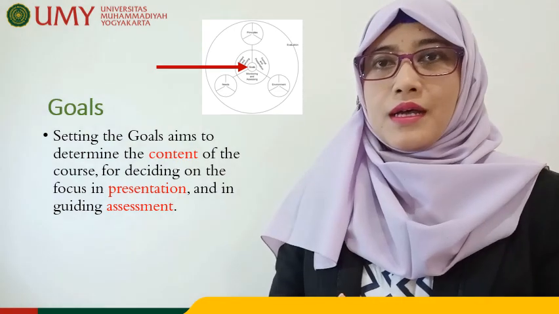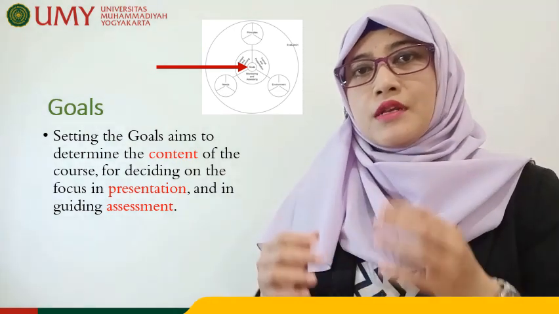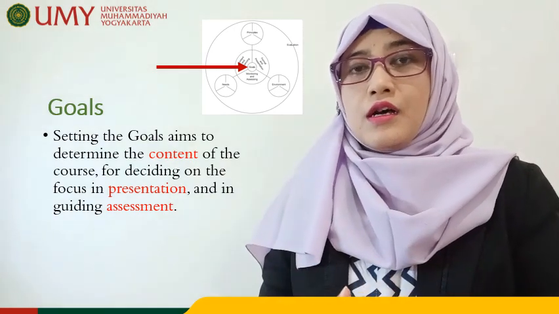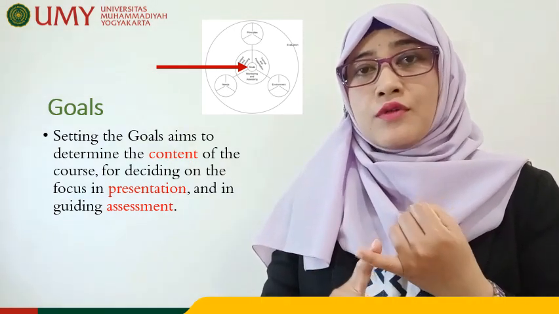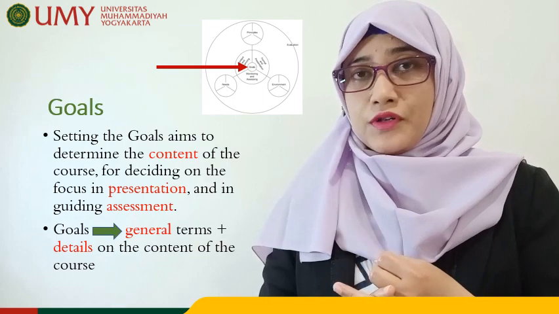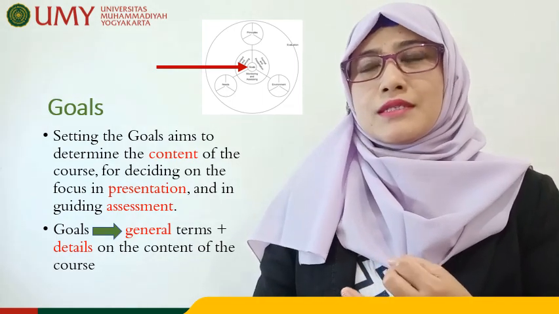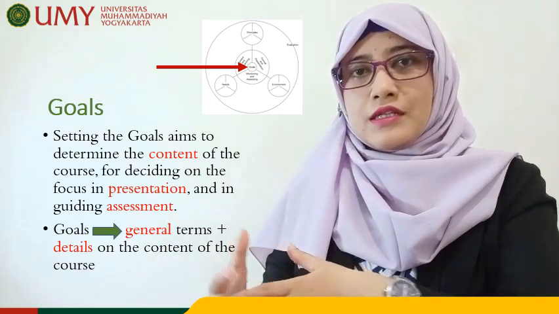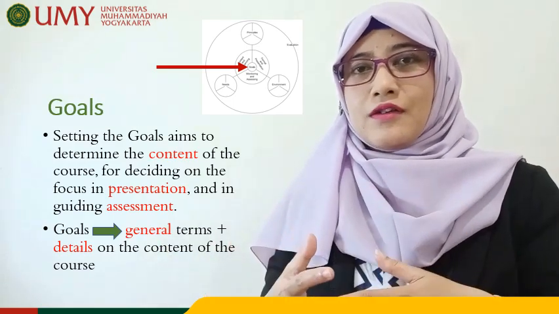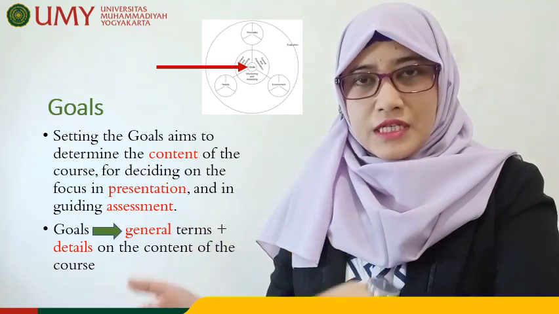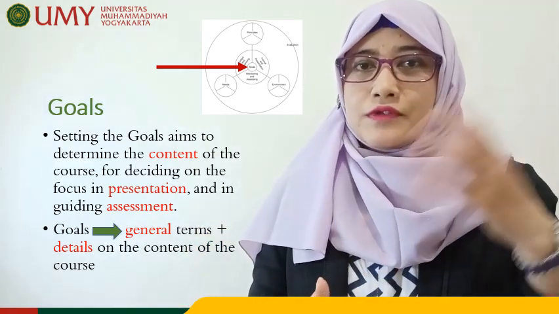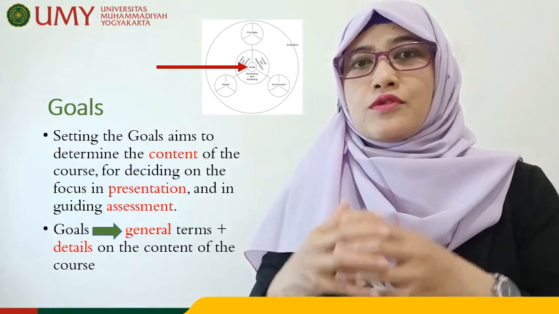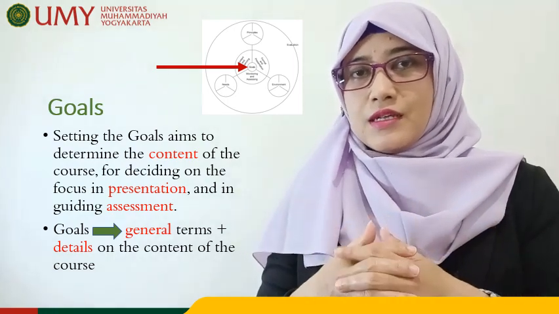So, how to make a statement of goals, because this is usually in the form of a statement. First, you have to have the general terms. Let's say the example is that the goal of the course is that the students are able to communicate for daily conversation. Now, after you decide the general terms, you also need to put the details of the content.